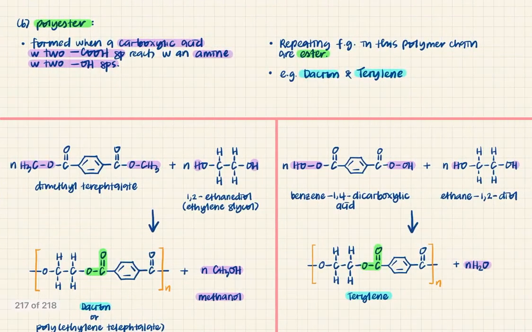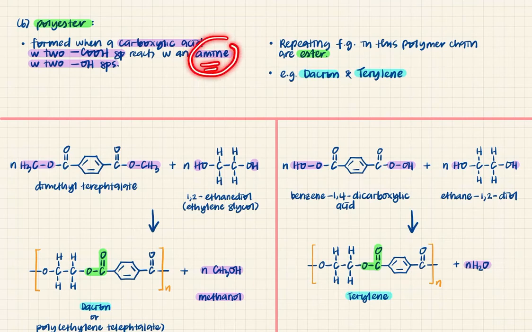The next type of synthetic polymer by condensation polymerization is polyester. Polyester means poly, many esters. For the formation of polyester, you react a carboxylic acid with 2 carboxyl groups with an amine with 2 OH groups.